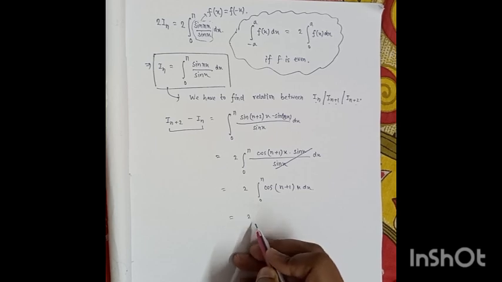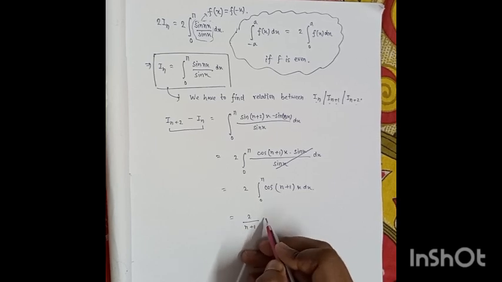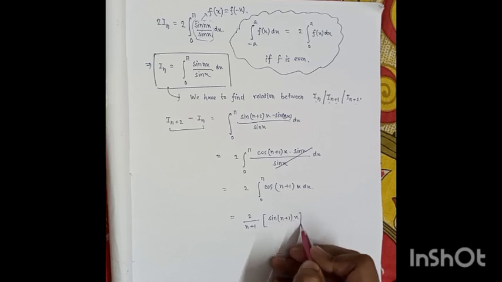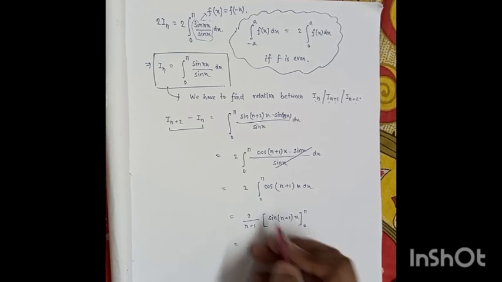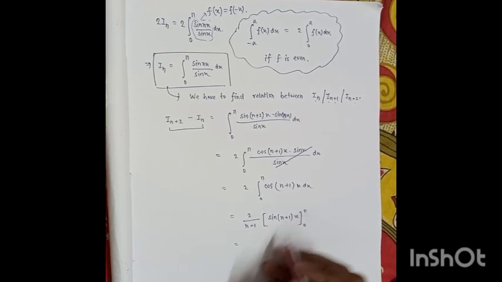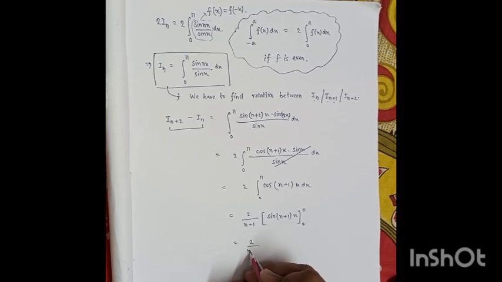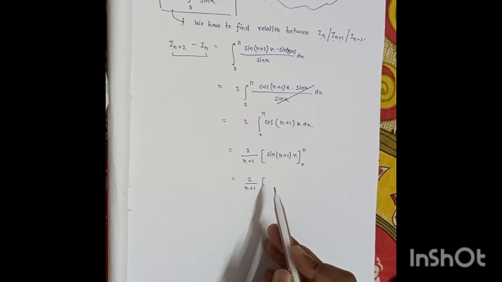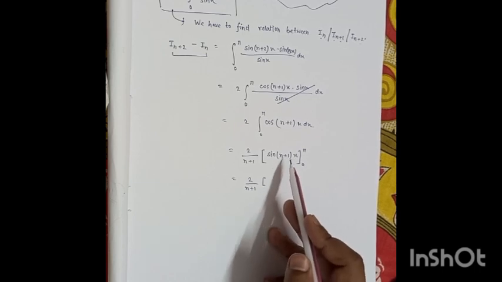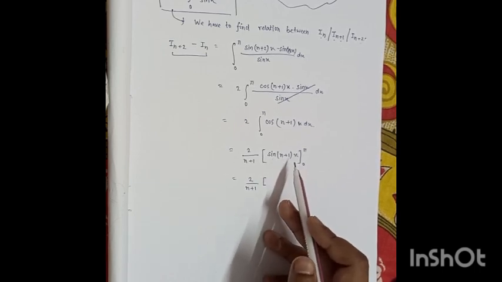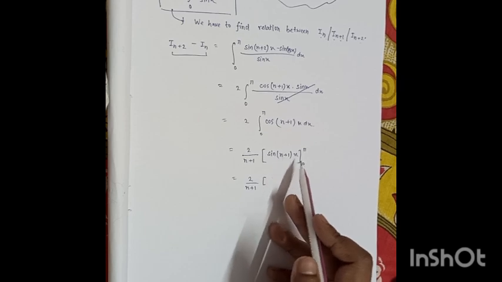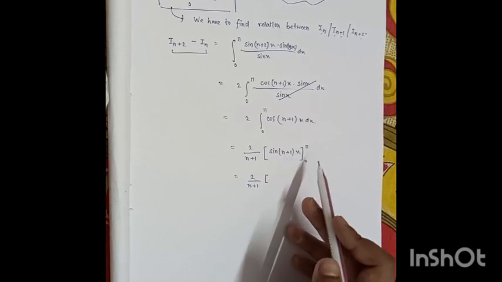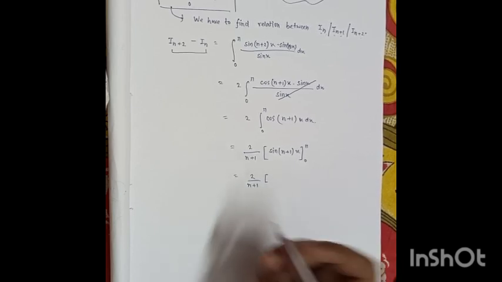Now this is quite simple, 2 over n plus 1, and the integration will give us sine of n plus 1 x, with limits from 0 to pi. We know that inside the sine function, if we put anything equal to some integral multiple of pi, the function returns the value 0.